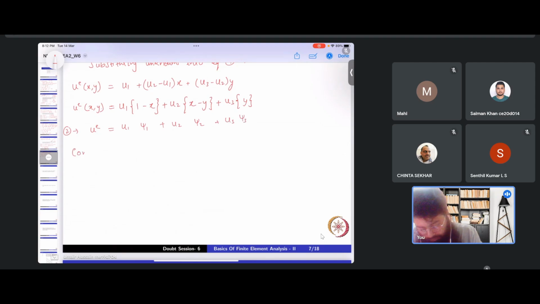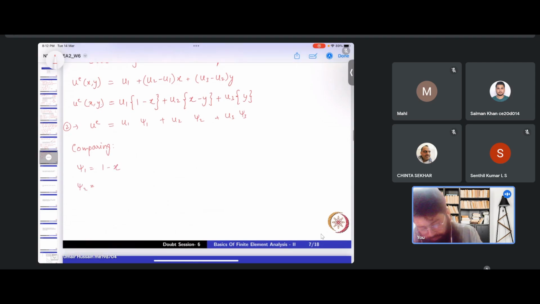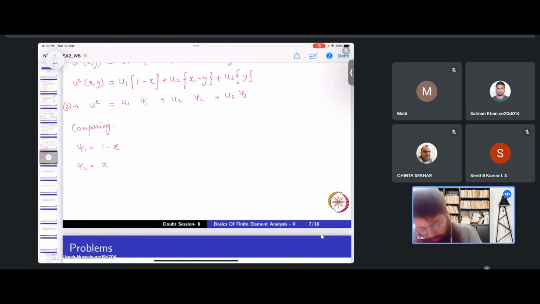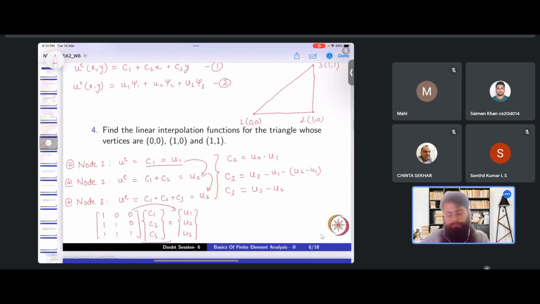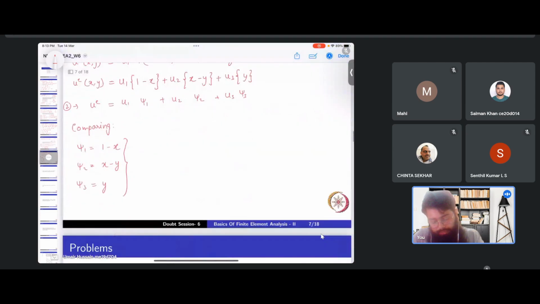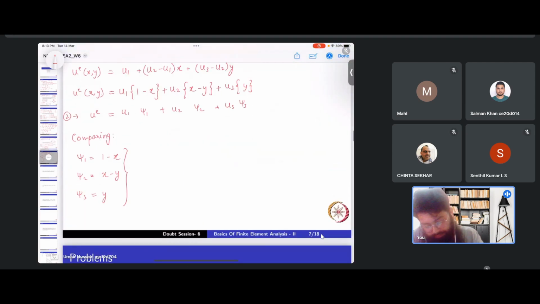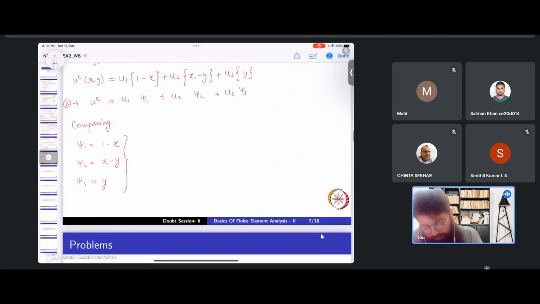Comparing the two, we get psi 1 equals 1 minus x, psi 2 equals x minus y, and psi 3 equals y. Okay, so these are the interpolation functions for this type of element, the linear interpolation functions.